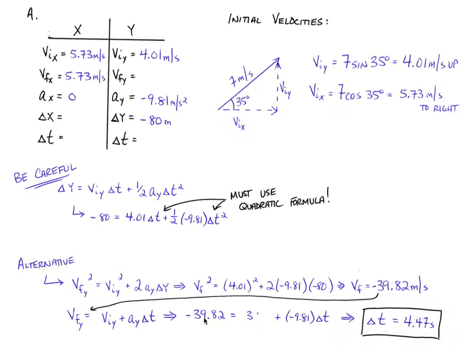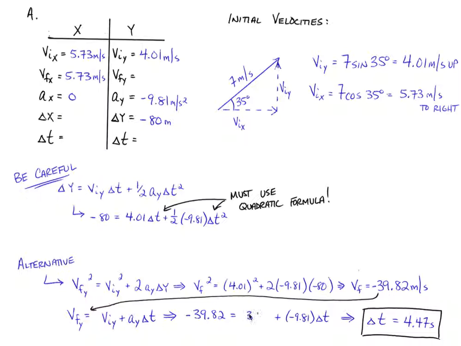And plugging in what I know, negative 39.82, which I found in the previous step, equals, and I've completely forgotten to put this term in here, so this will be v_iy, so this should not be 3, this should be 5.73. I apologize for that. This whole term here should be 5.73 plus negative 9.81 times delta t.